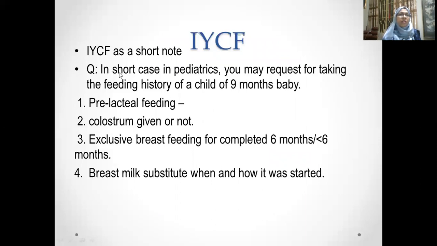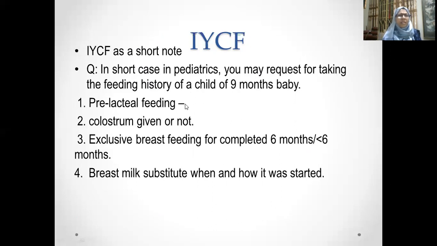In short case in pediatrics, you may be asked to take the feeding history of a child of 9 months, 12 months, or 15 months. You have to ask for prelacteal feeding. What does it mean?